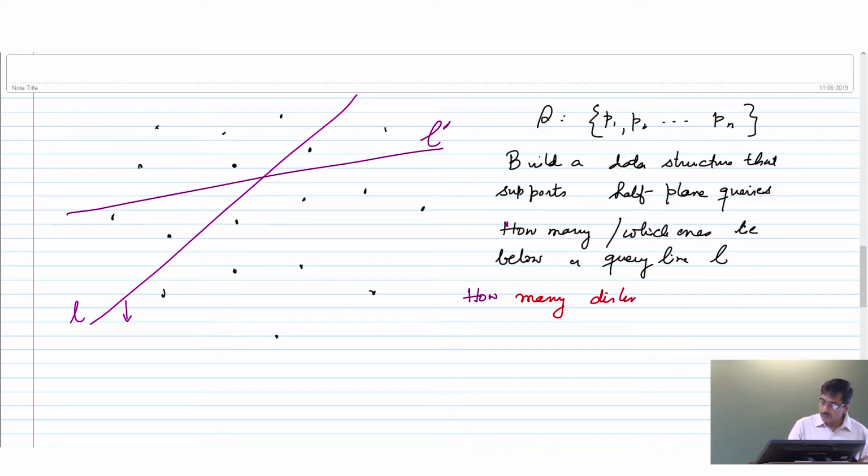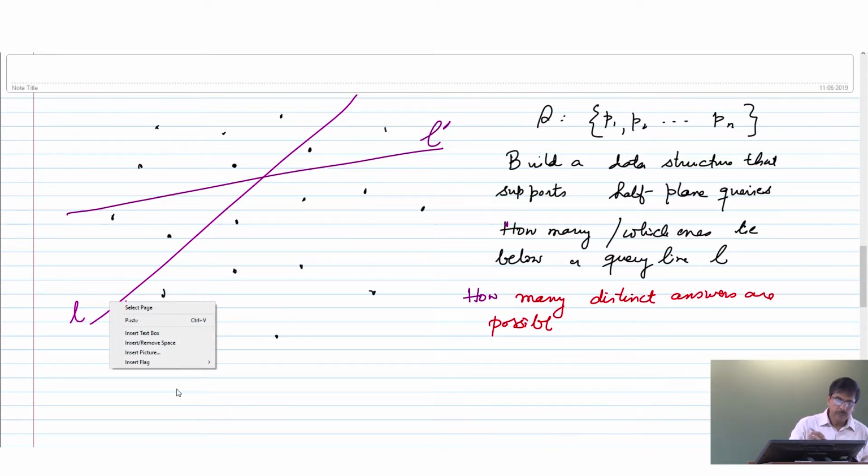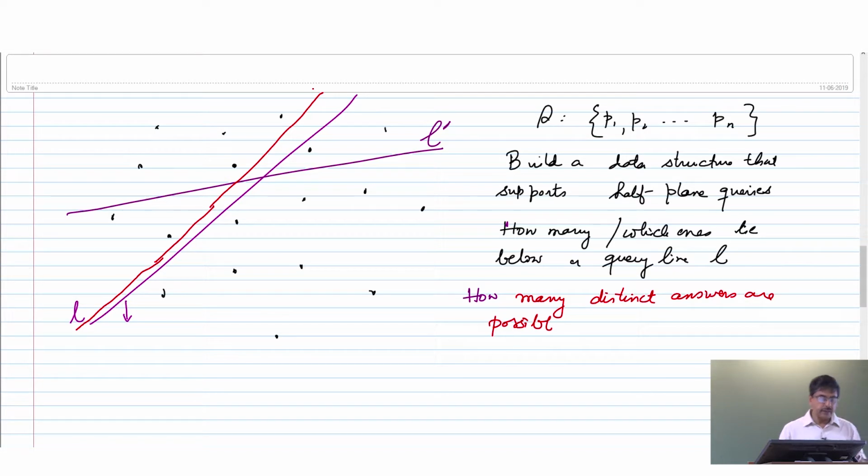distinct answers are possible. So, what I mean is that this L, and let us say I take another L, very close but not quite L. So, this red line and the purple line, they will yield the same answer.